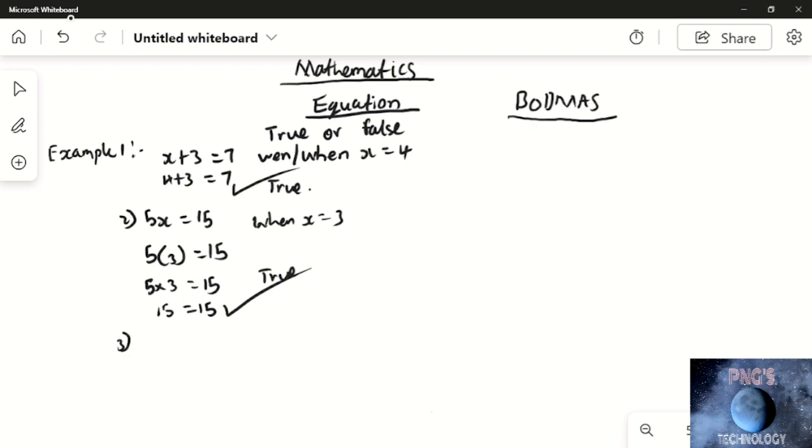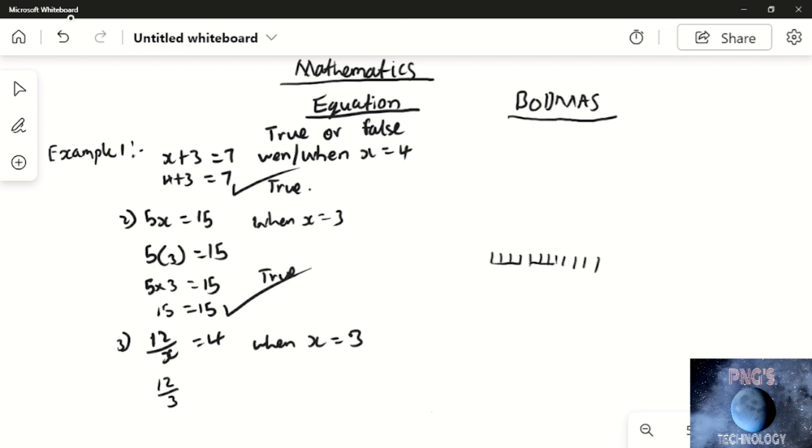Example 3, we're given 12 over x equals 4. Let's see if that's true, when x is equal to 3. If x is 3, we have 12 over 3. So count 12, divide by 4.